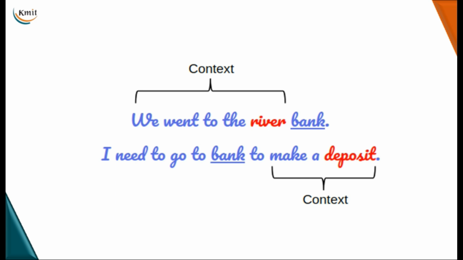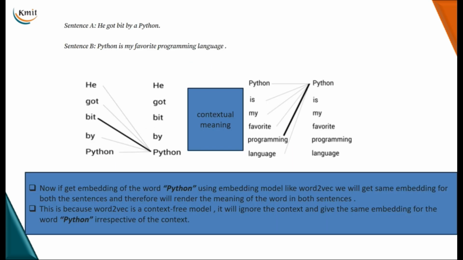The second example I would like to discuss regarding context is these two sentences. We went to the river bank, and the bank where we go to deposit money. The word is the same, but the context is different.